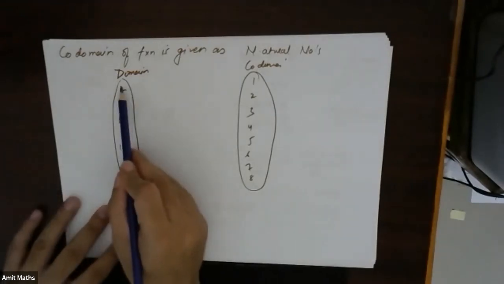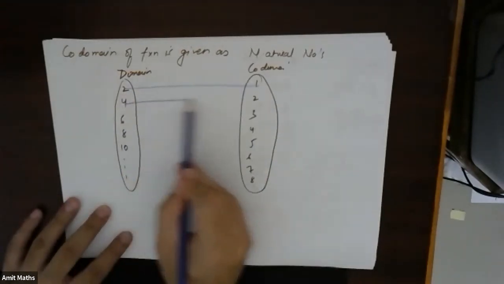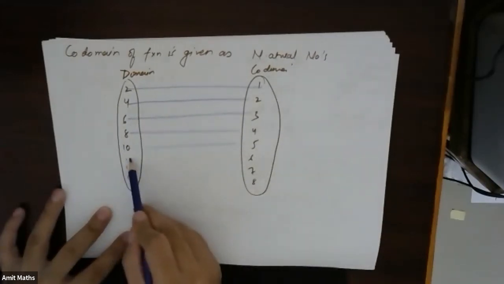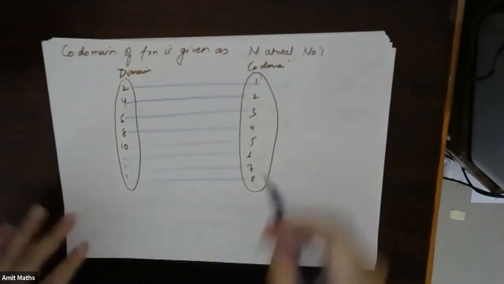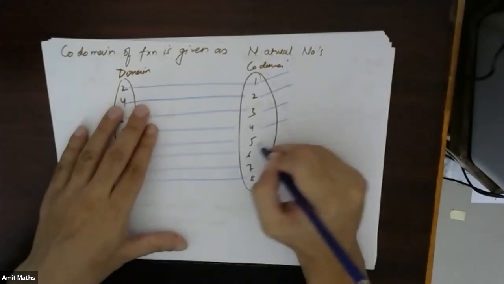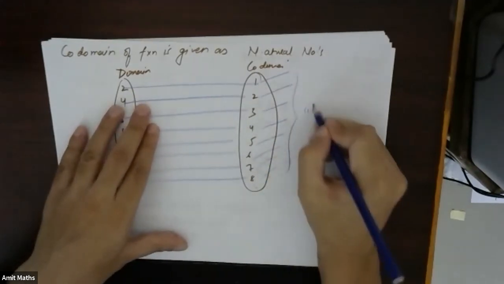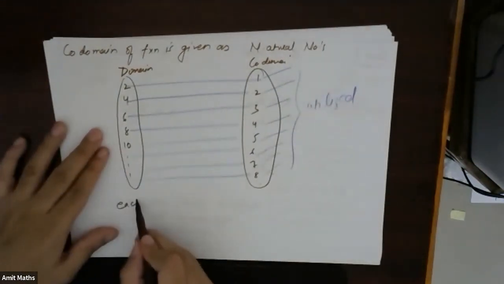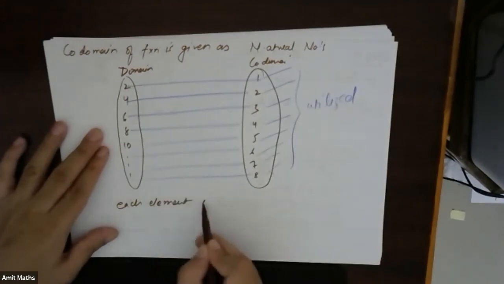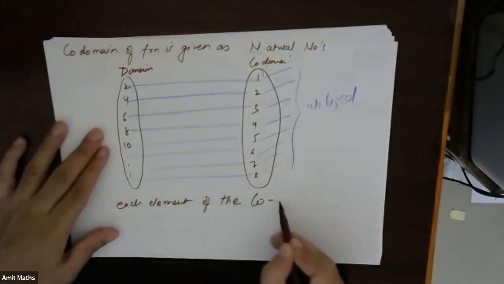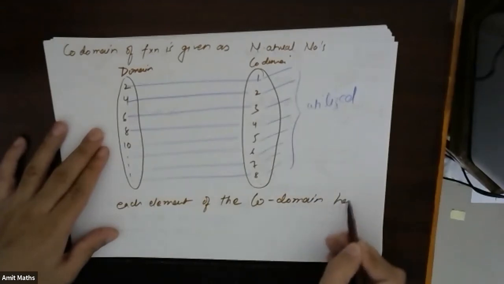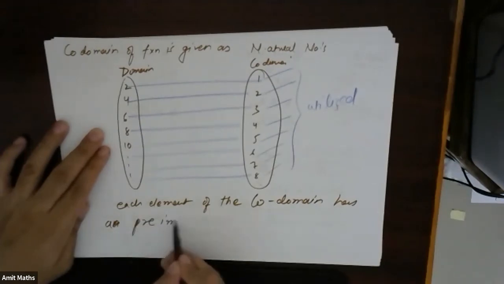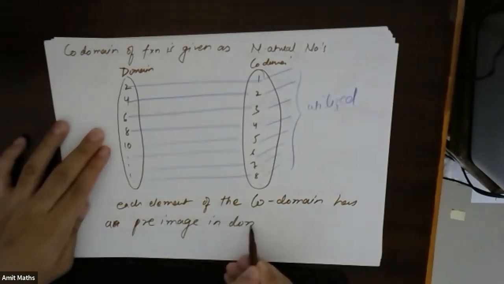So what will be 2 by 2? 1. What will be 4 by 2? 2. 6 by 2? 3. 8 by 2? 4. 10 and so on. That means each element of the codomain has a preimage in the domain.